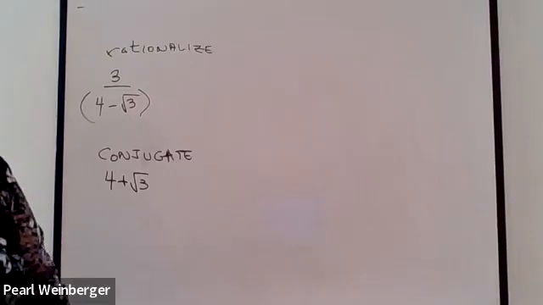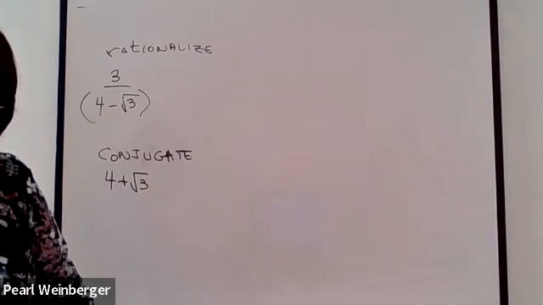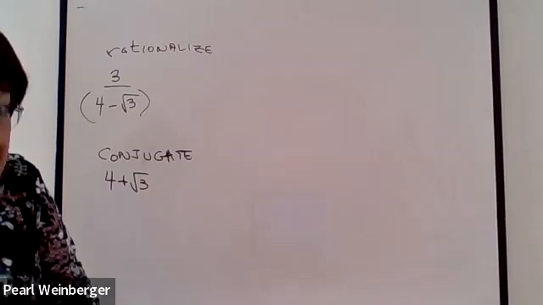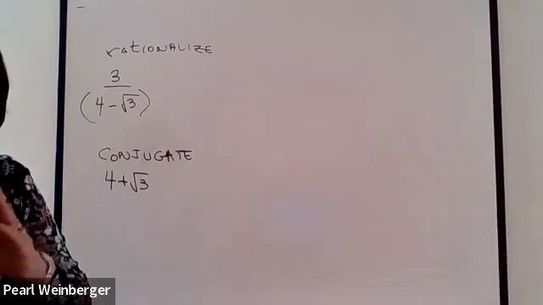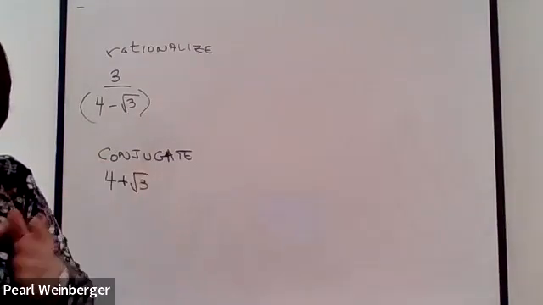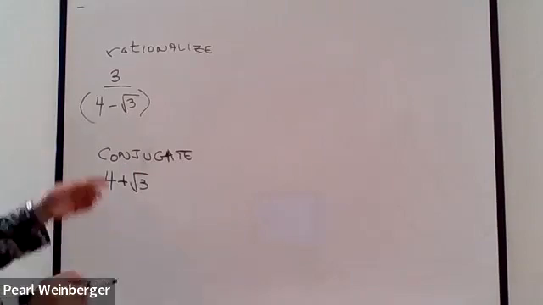The reason we multiply by the conjugate is that we just saw before, we spent some time doing it, that when you multiply conjugate binomials, you're left without any radicals. The inner and the outer cancel out, you're left with just regular numbers.